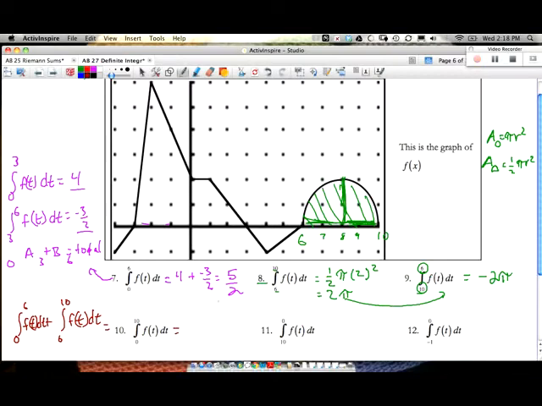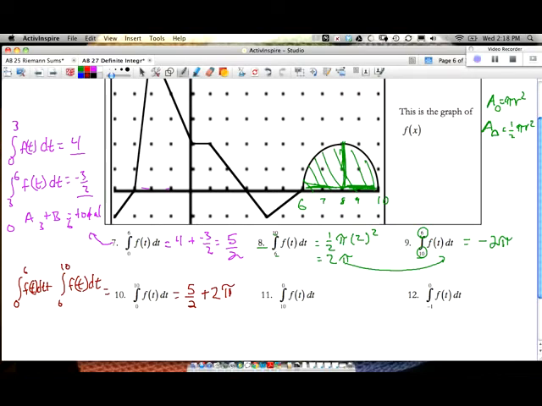So what are those two values? The integral from 0 to 6 we figured out was 5/2. And the integral from 6 to 10 is 2 pi. And I can't really do much to make that look simpler. I could combine those two terms and make it one fraction, but for the most part, that's as simple as it goes right there. Now this is where it gets a little bit different.